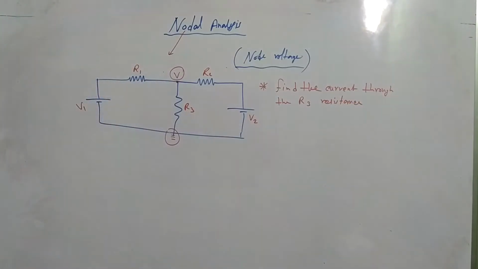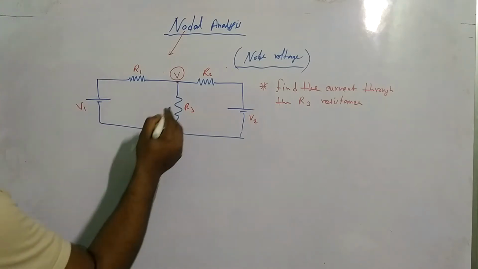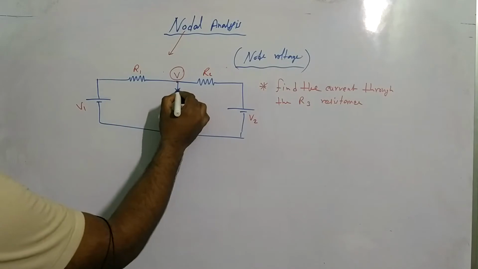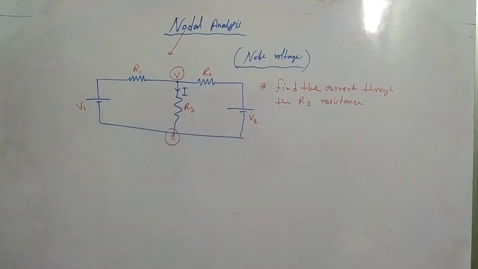Here, if I consider this current through R3 as I, how do I find the node voltage?